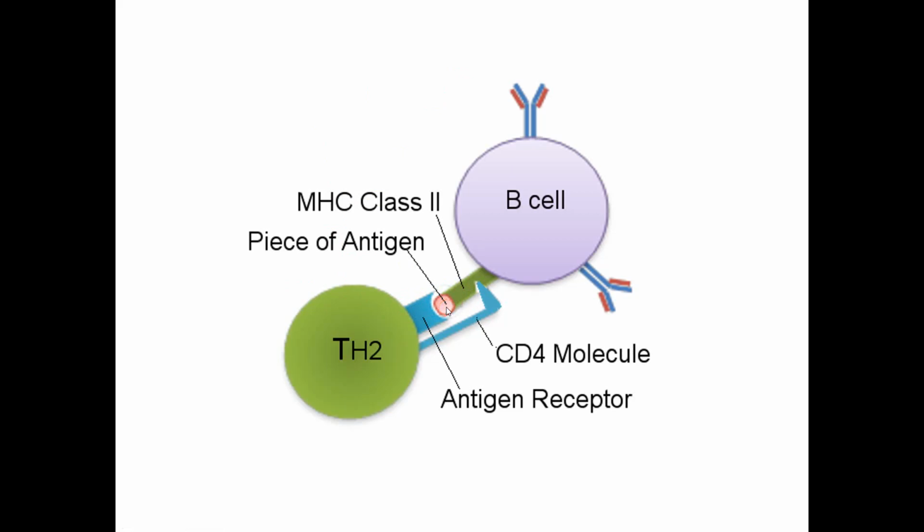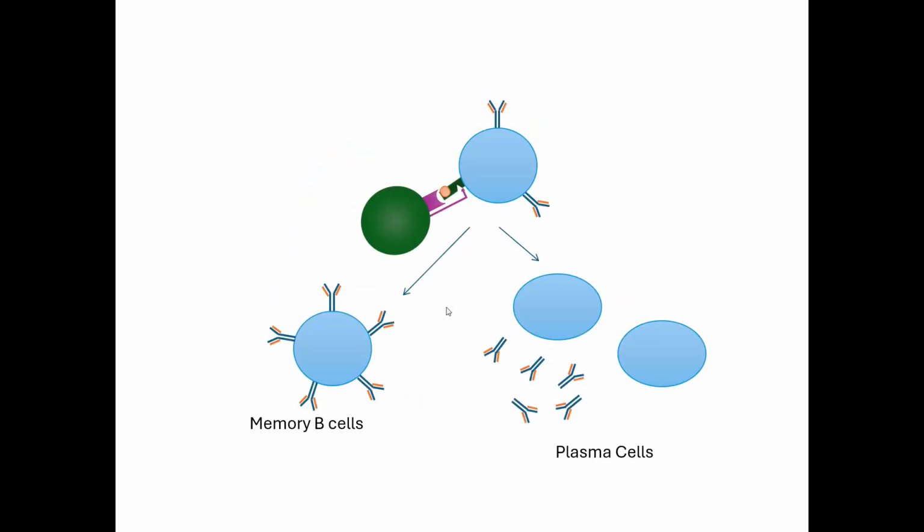Once you have that double antigen receptor complex recognized, then that T cell is going to release a signal called interleukins, and those interleukins are going to help that B cell to proliferate. So once you have that double recognition and the T cell activates the B cell, it's going to proliferate, and that's going to cause that B cell to multiply.